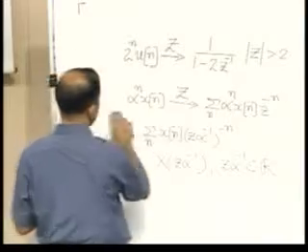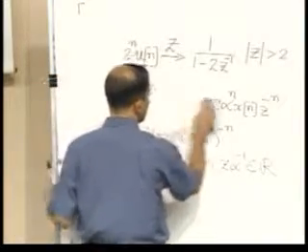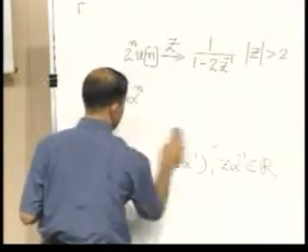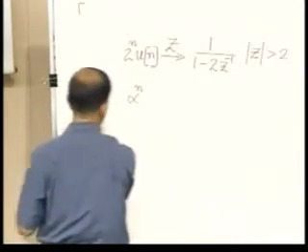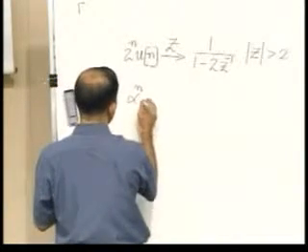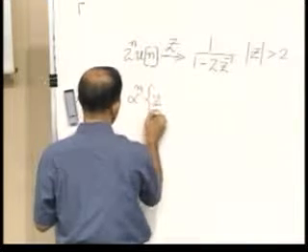We ask what is the Z transform of alpha raised to the power of n into 2 raised to the power of n u n.